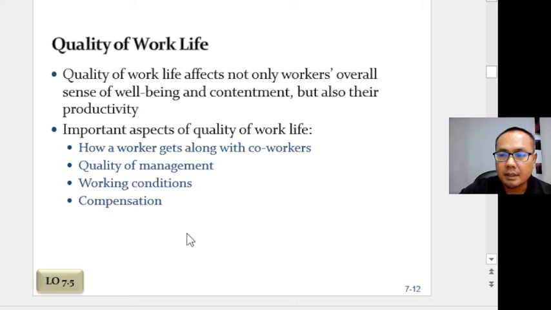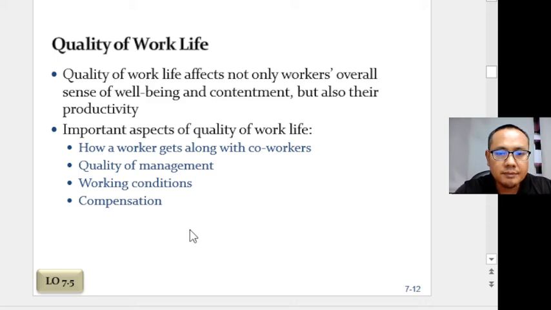Of course, as a person or as a manager, even you as an owner, must really take care of the quality of work life. So in job design, we are really concerned about the quality of work life to make sure that we achieve, as best as possible, the productivity of our organization.